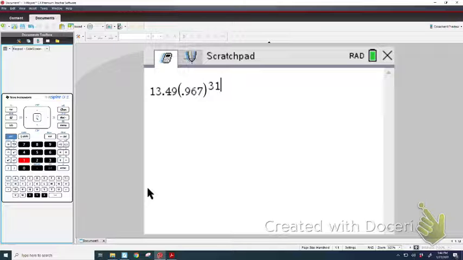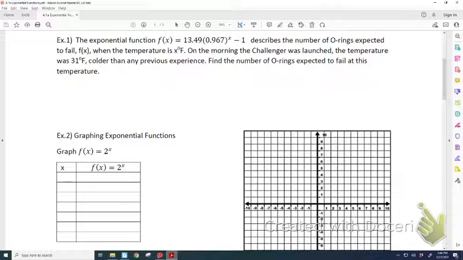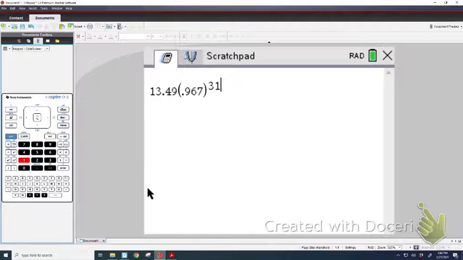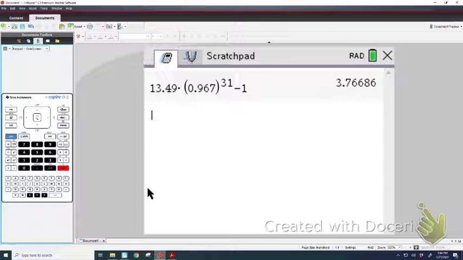And be careful, notice in our function up here there's a -1, but that -1 is not in the exponent. If I just type -1 without moving the cursor, it is up in the exponent. So after typing 31, you need to hit the right arrow and then -1. And we got it, 3.77.